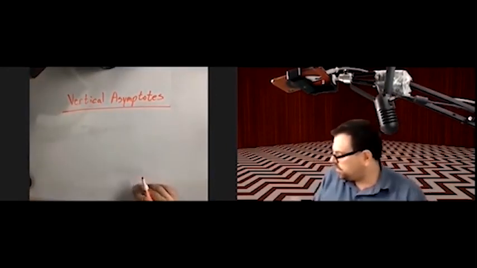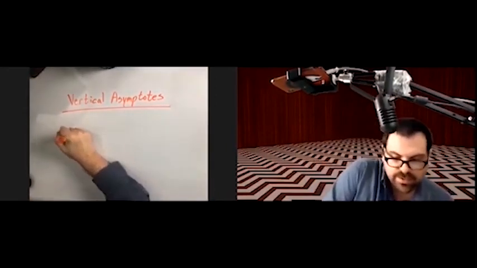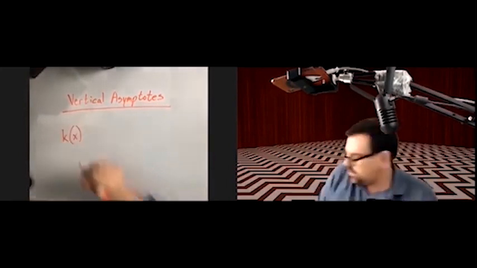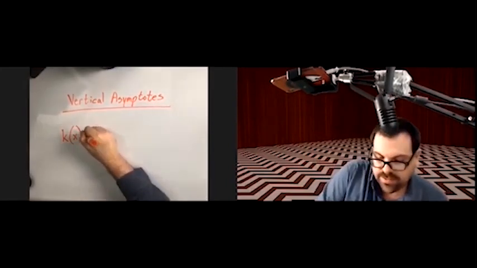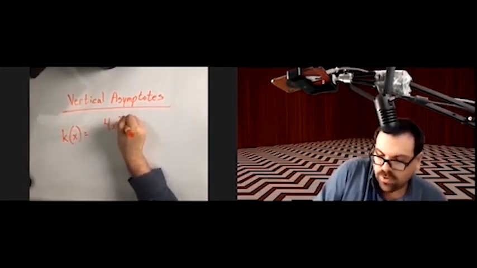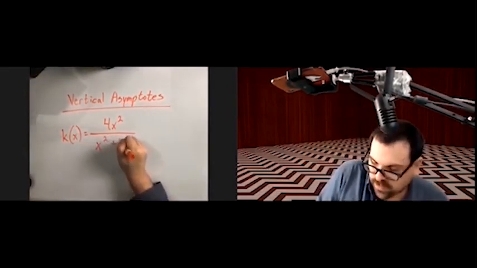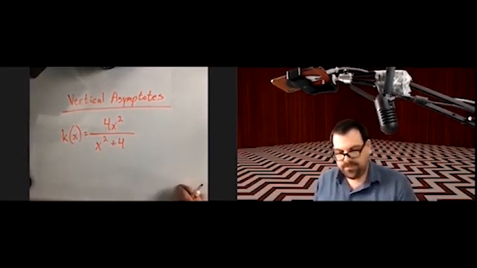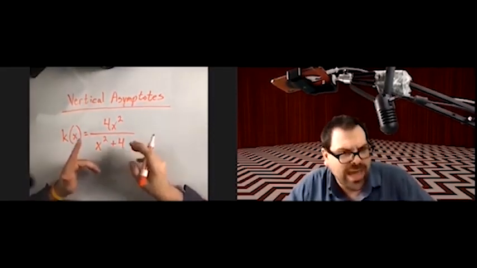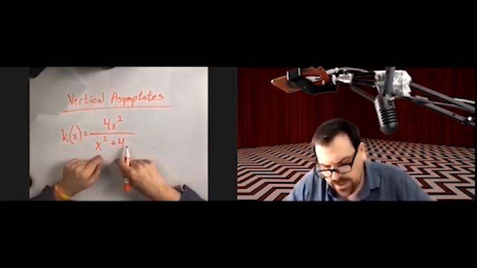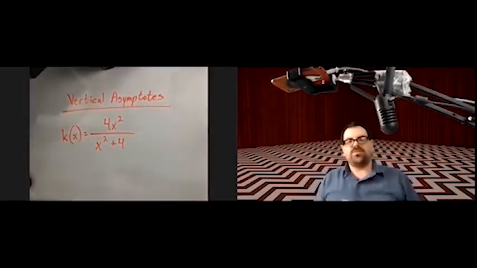Let's find the vertical asymptotes here of k of x equals 4x squared over x squared plus 4. Well, if we try to factor the bottom, we can't. X squared plus 4, sum of squares, we can't factor that.